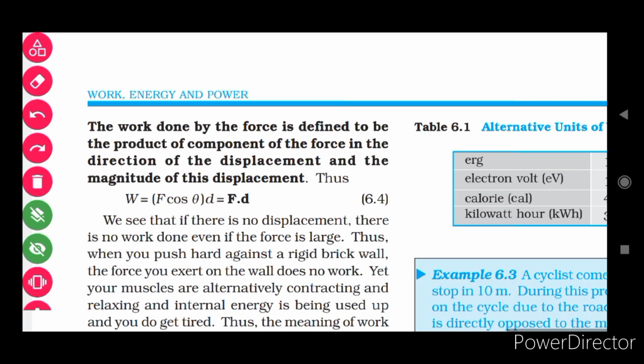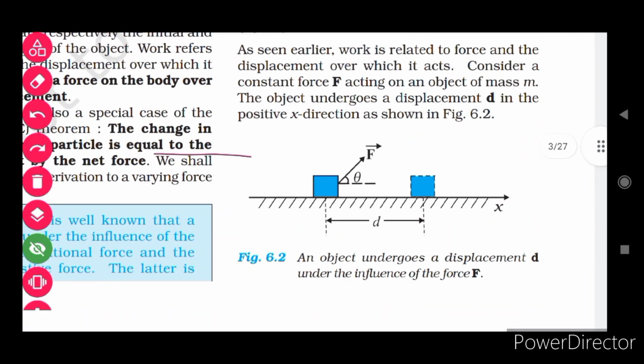So how do we define work done by this force? It will be the product of the component of force and the displacement. As we have seen, we know how to make rectangular components of a vector. The horizontal component, the one adjacent to theta, will be F cos theta, and the other component will be F sin theta.